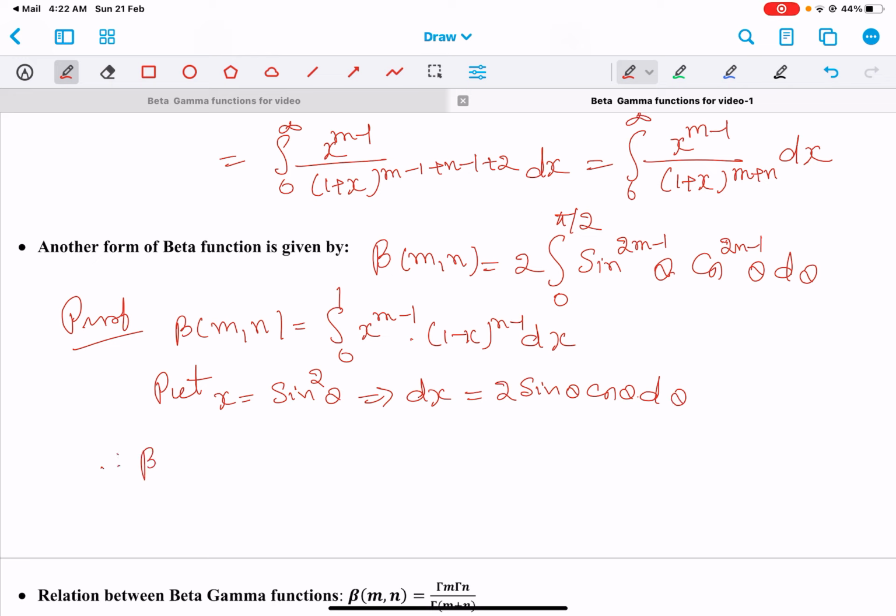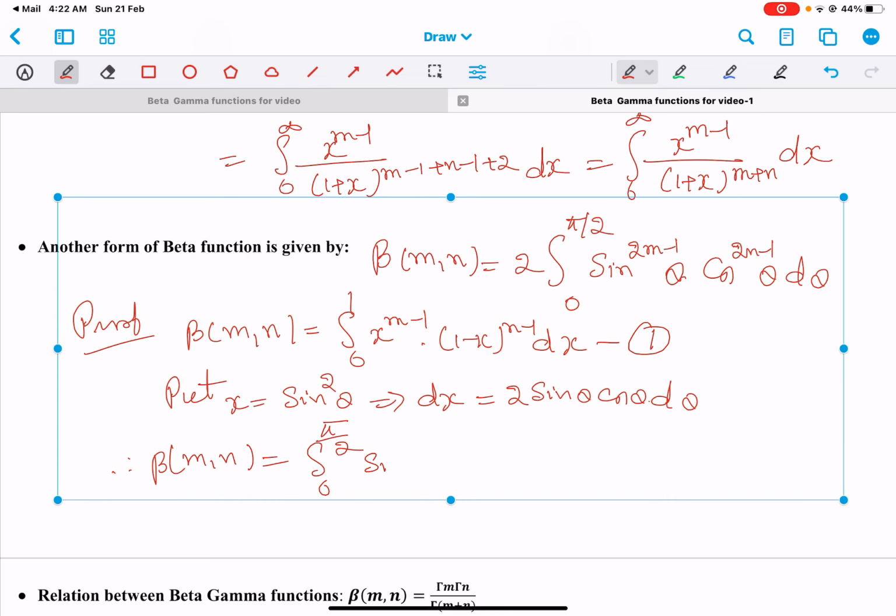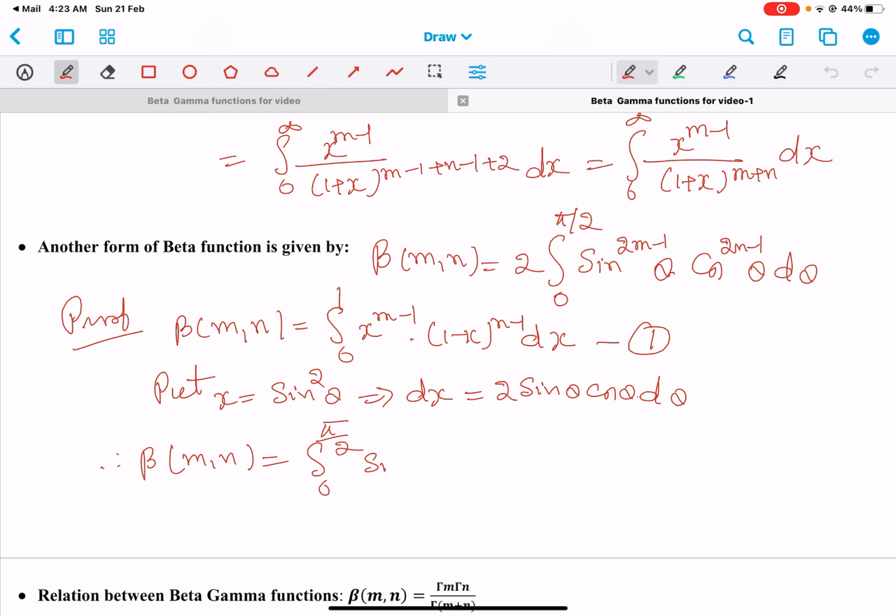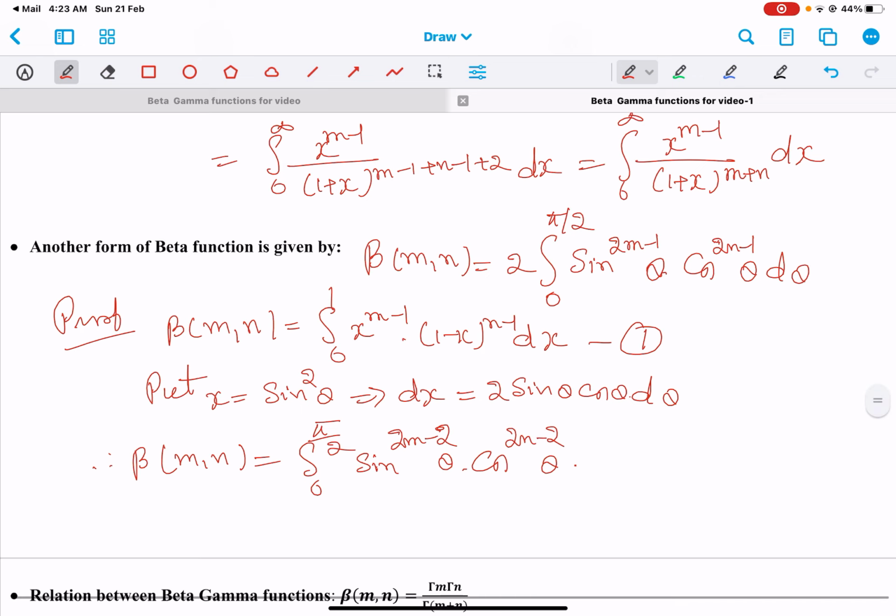Using these values, here I get beta mn equal to integral 0 to pi by 2 sine to the power 2m minus 2 theta into cos to the power 2n minus 2 theta into 2 sine theta cos theta d theta.